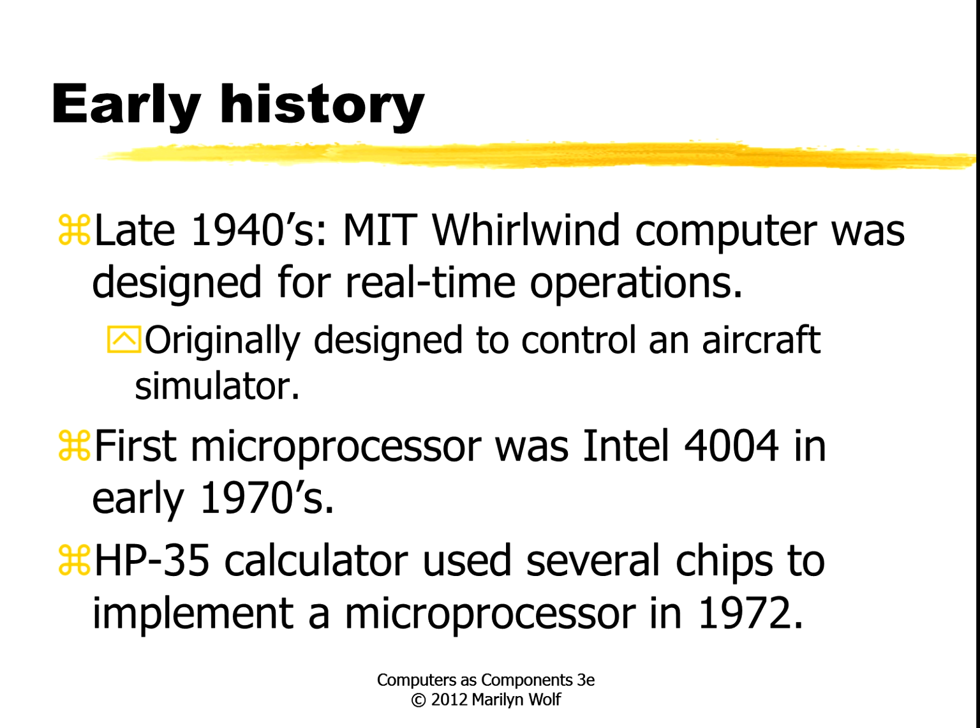Another early example of using a microprocessor to do complex functions was the HP 35 calculator, which used several chips but put them together to build a microprocessor to do very sophisticated numerical algorithms for scientific arithmetic. And it did this in the early 70s in a handheld device.